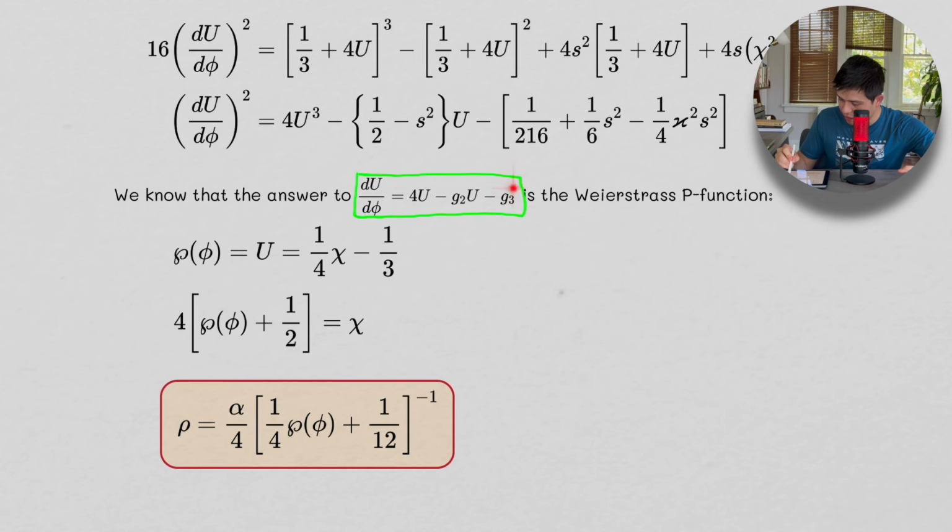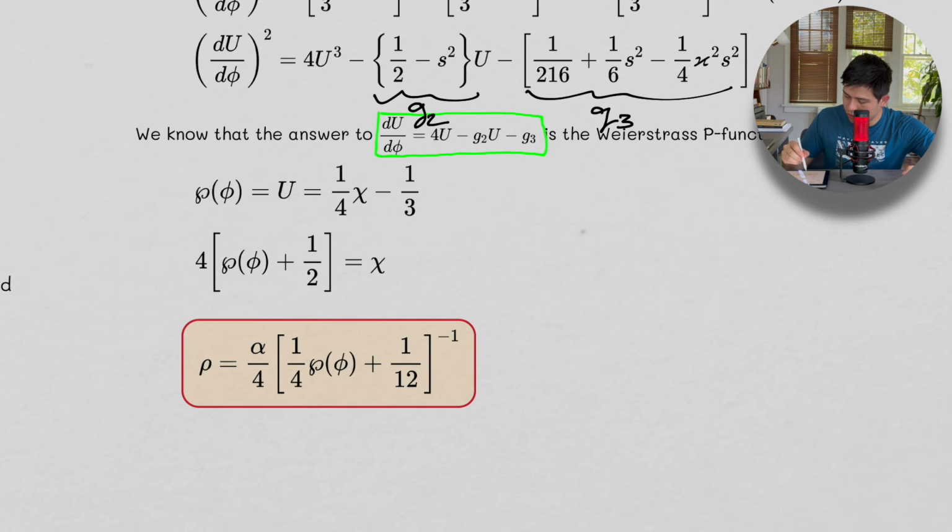When we look at this, for u we see G2, this is an invariant, just a number. That's going to be this guy, and then G3 is going to be this guy right here. So we can now solve for chi, which is this.